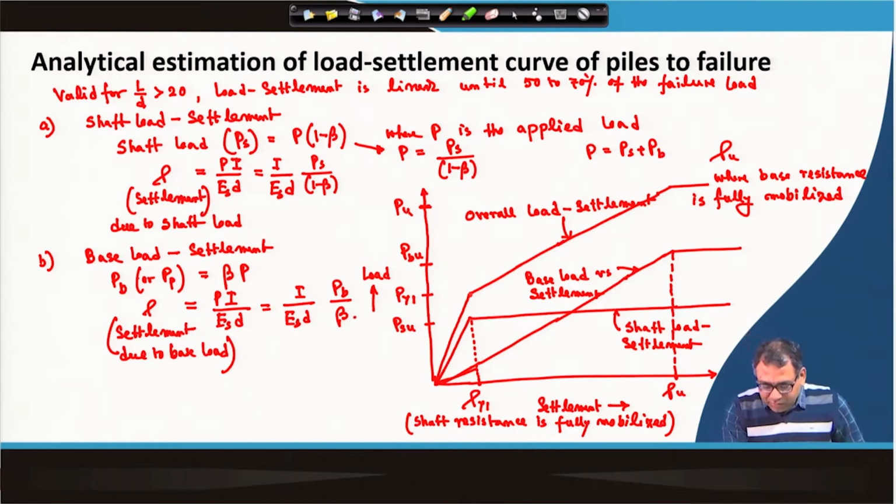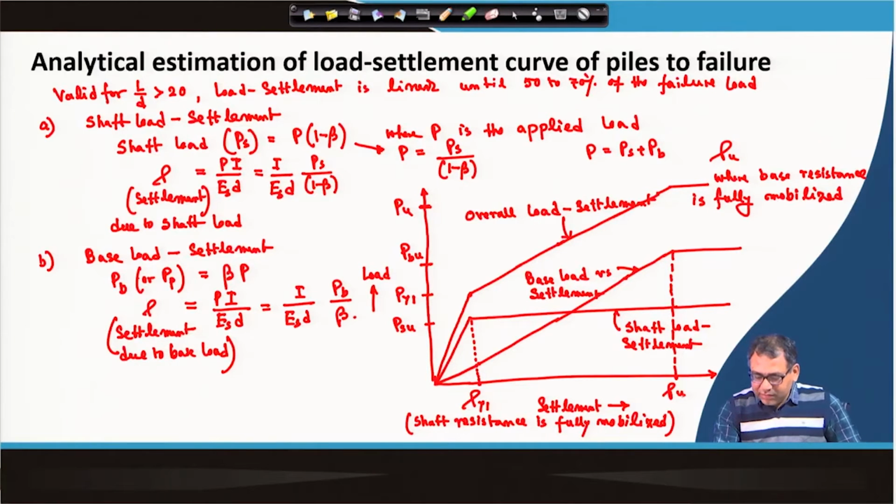And this point where the shaft resistance is fully mobilized, at that point the total load, that means the shaft resistance plus the base resistance, will be equal to P y 1, and the corresponding settlement is also rho y 1.